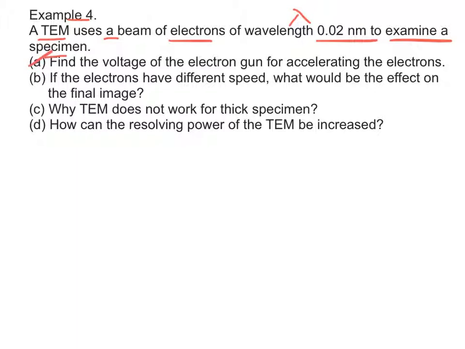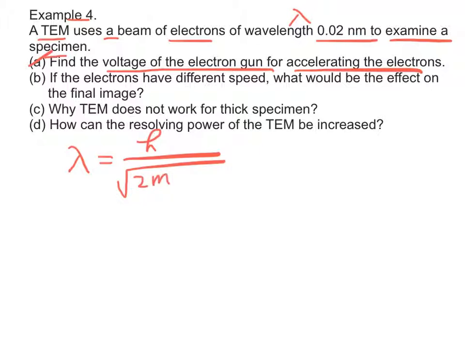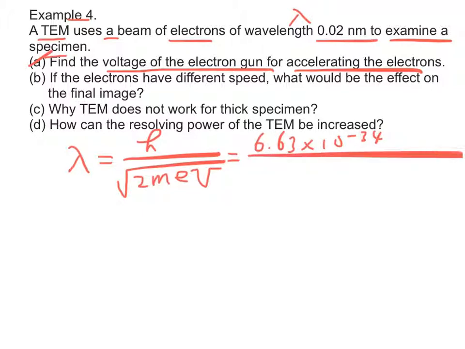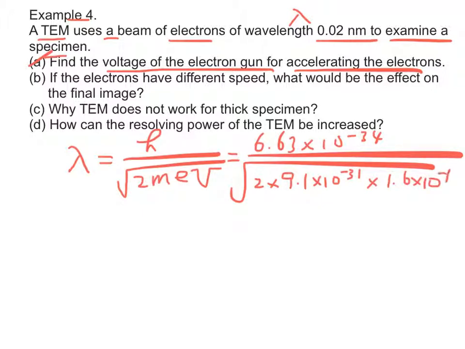Part A. The de Broglie wavelength lambda equal to h over square root 2meV, which is equal to 6.63 times 10 to the power -34 over square root 2 times 9.1 times 10 to the power -31 times 1.6 times 10 to the power -19 V. Substitute lambda equal to 0.02 times 10 to the power -9.